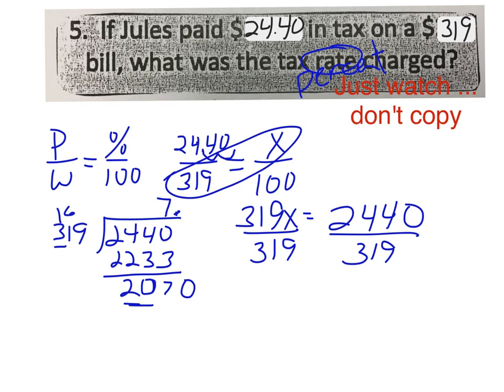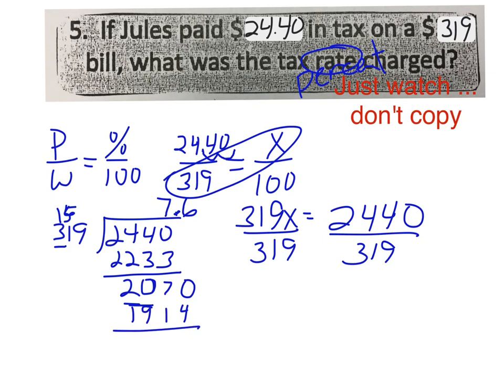So that is not enough. So we go back, and we're going to say 6. 6 times 9 is 54. 6 times 1 is 6, plus 5 is 11. 18, 19. There we go. So that one's close enough.